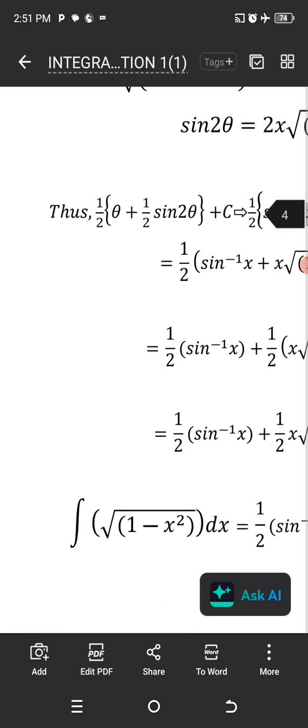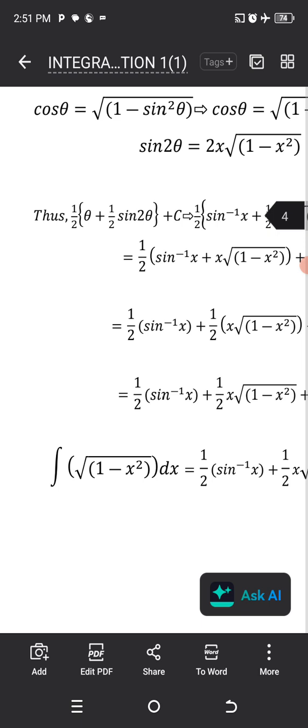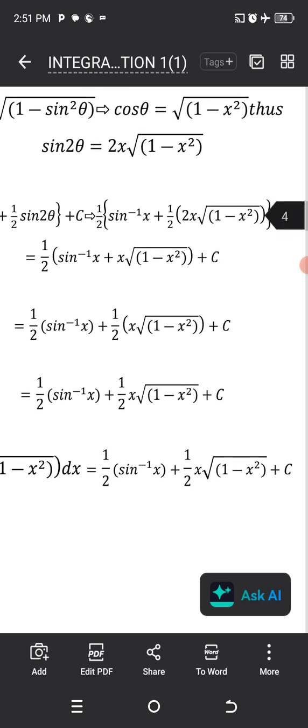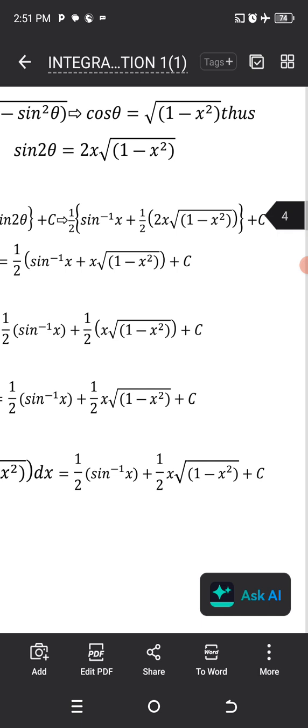Now you substitute everything back into the initial question. So 1/2 (theta + 1/2 sin 2 theta) + c implies 1/2 (arcsin x + 1/2 (2x square root of 1 minus x squared)) + c.